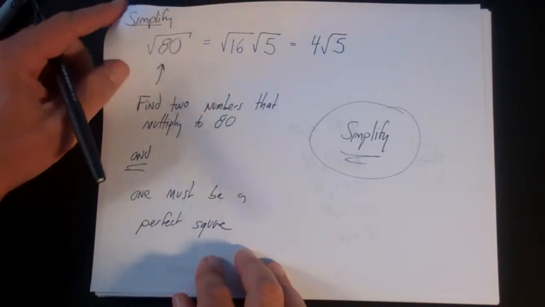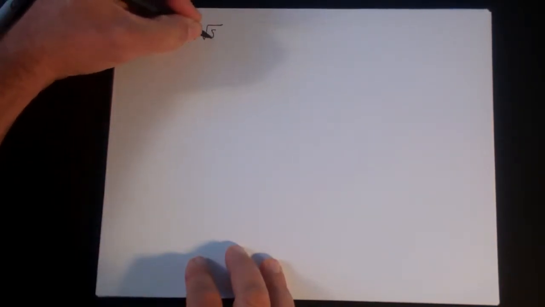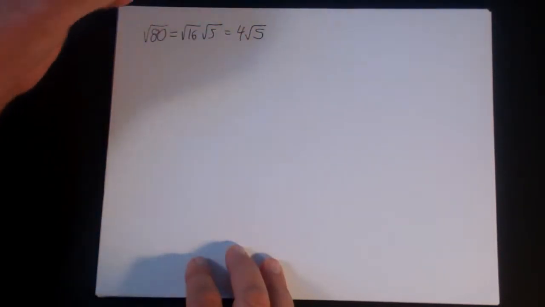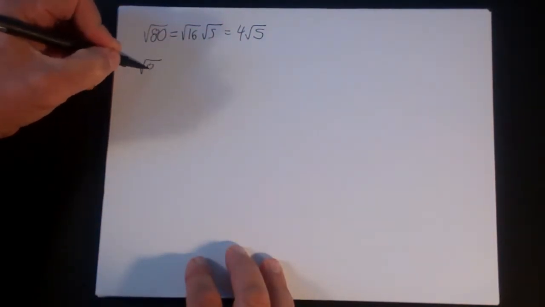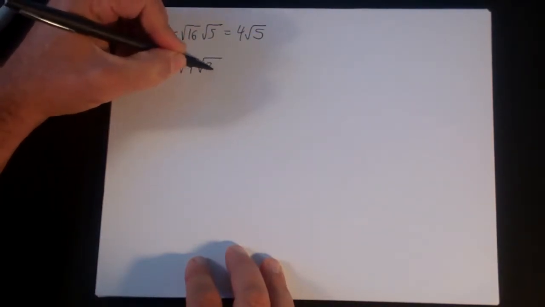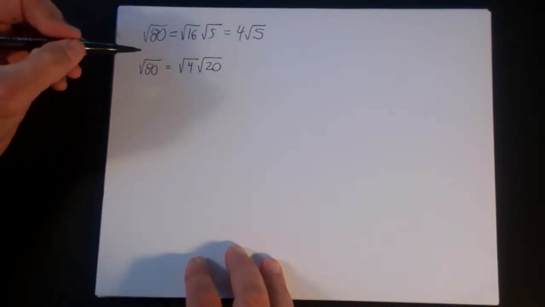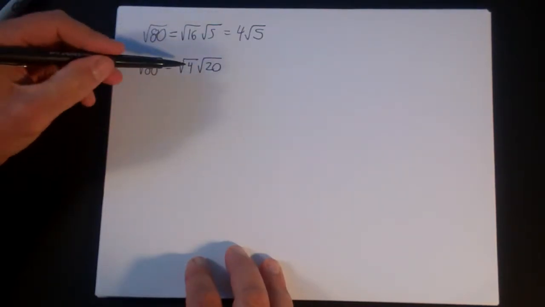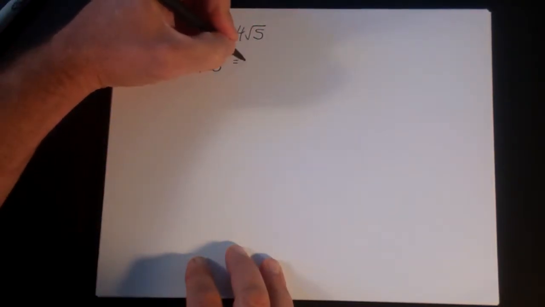One thing about simplifying square roots is there's not always just one way of doing it. Let's look at the square root of 80. We divided it into square root of 16 times square root of 5. Square root of 16 is 4, so that's 4 square root of 5. You could have split square root of 80 into square root of 4 and square root of 20, because 4 times 20 is 80, and 4 is a perfect square, so that's 2 square root of 20.